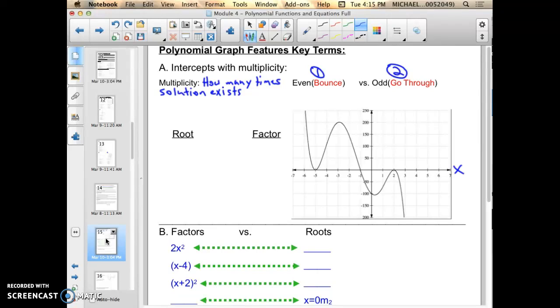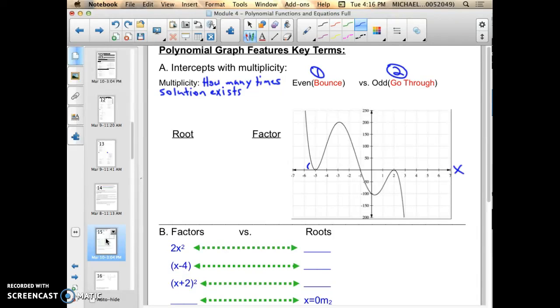And so let's look at this example really quick to put multiplicity more into regular terms and show you a little bit more about what I mean. I broke it up into root and factored form because that's another part of this objective, being able to go from root to factored form. So if I look at my graph, I need to look at x-intercepts. And again, x-intercepts are where they cross the x-axis. And so I see cross or bounce off, hit the x-axis, let's say that.